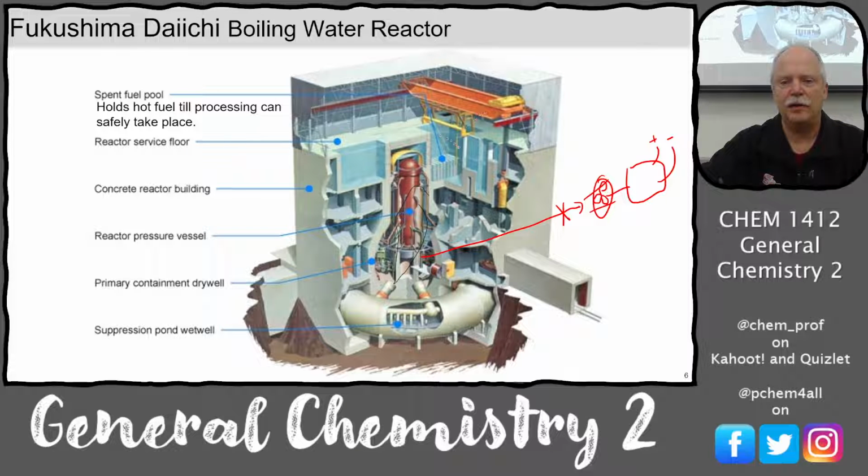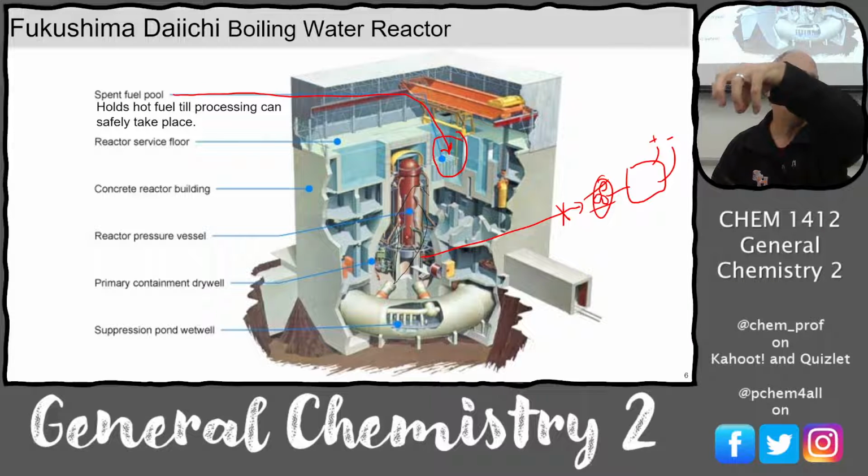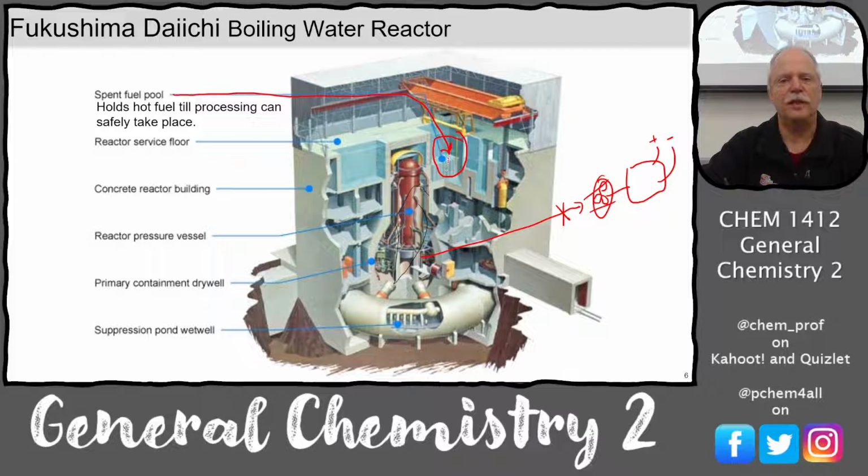But this right up here is the problem. This spent fuel pool. It's kind of hard to say. Spent fuel pool. So it's over here. After the efficiency of the fuel drops to a certain level, they pull those fuel rods out for reprocessing and put fresh fuel in. The spent fuel sits in here. It's extremely radioactive because it has a lot of really short half-life elements in it.